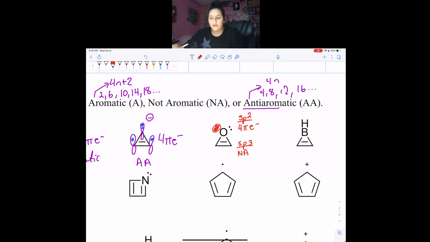Correct. But in this case, if it chose to be sp2, it would be anti-aromatic. So now the oxygen can make a choice. It could either be sp2 and be anti-aromatic, or it can be sp3 and be non-aromatic. Which one of those sounds more stable?